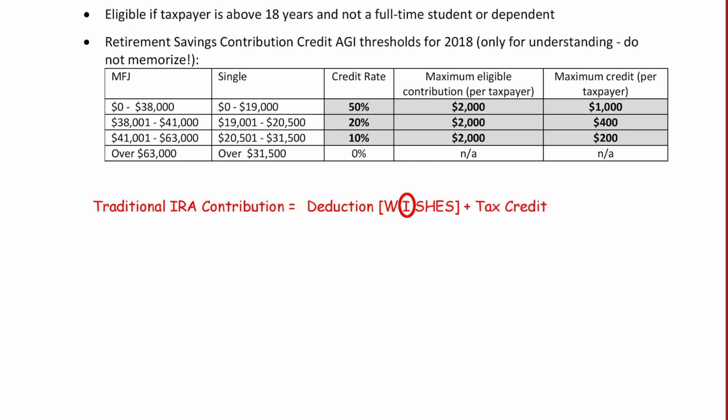So a traditional IRA contribution, the taxpayer is getting a deduction, an adjustment to AGI, as well as a tax credit. For a Roth IRA contribution, the taxpayer only gets a tax credit, since for Roth IRA contribution, deduction is not allowed.